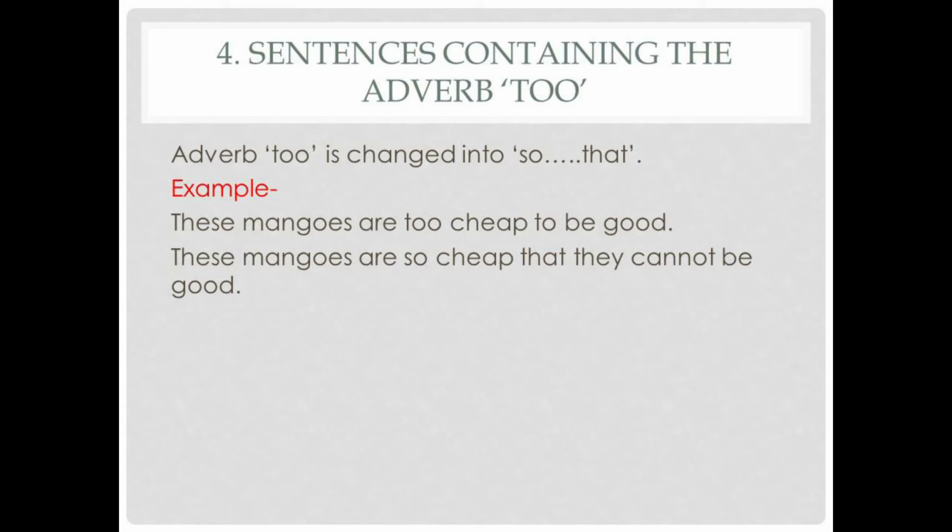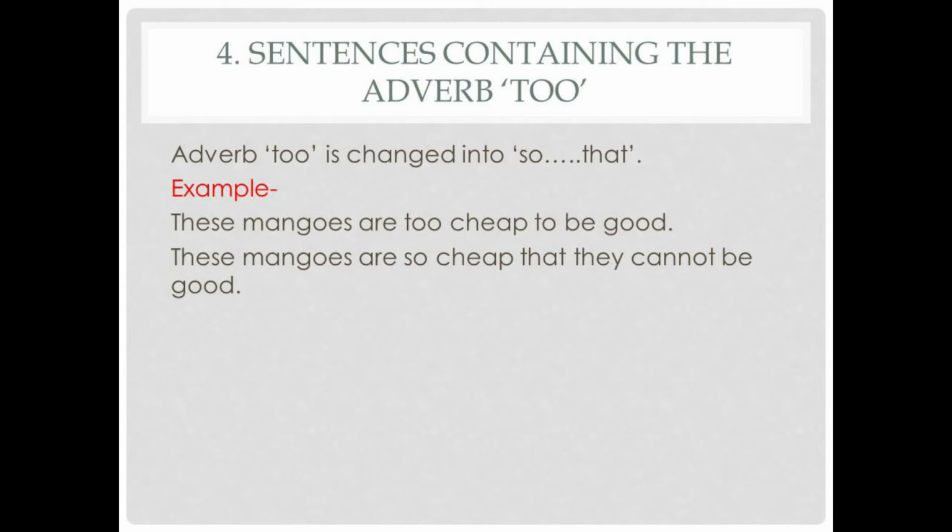Now the fourth and last one, when the sentence contains the adverb to. The adverb to is always changed into so that. It does not come together, it goes separately in the sentence. Let's see an example.